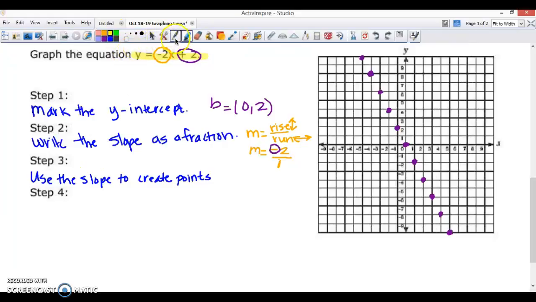And then the last step you want to do is draw the line, because they gave you an equation for a line. It is not a line with just points. You physically have to draw the line to make it a line, pretty much. Okay? You should use your handy dandy rulers that we made in class. Those things were beautiful. Get some use out of them, because you can make much straighter lines than I can on this thing.